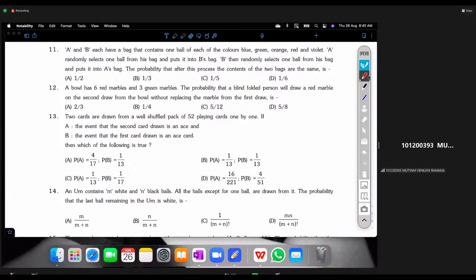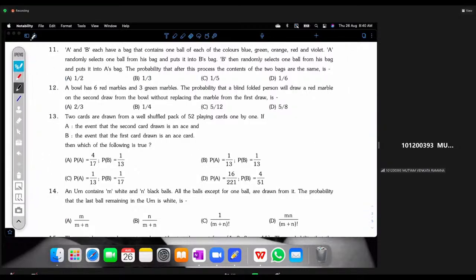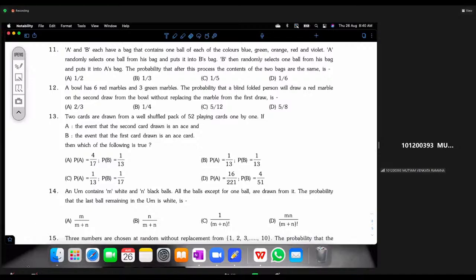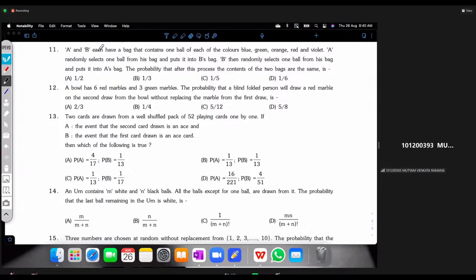I'll explain the first question, how we are supposed to approach. A has one blue, one green, one orange, one red. B also has one blue, one orange, one red.